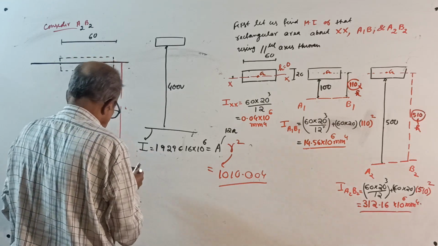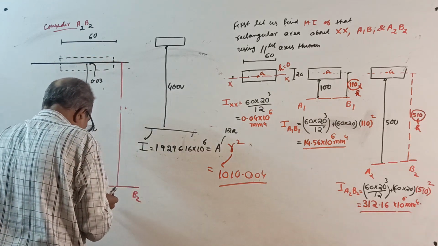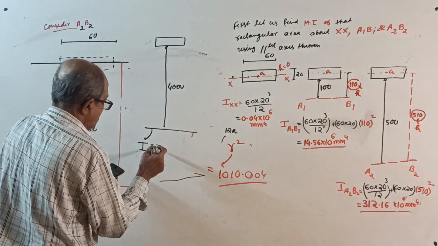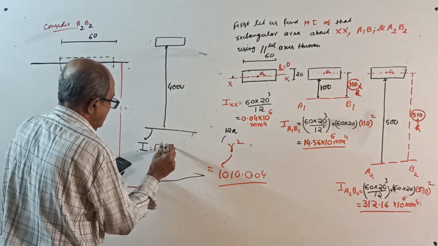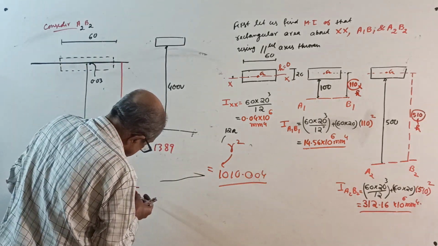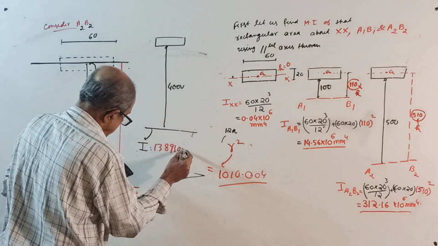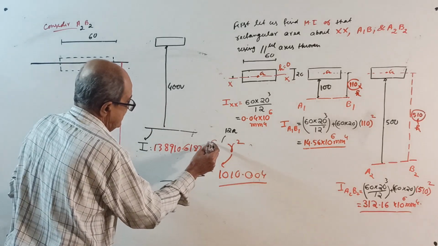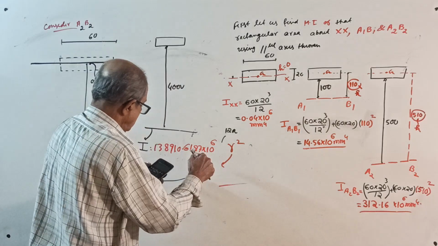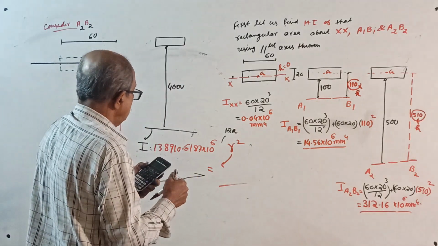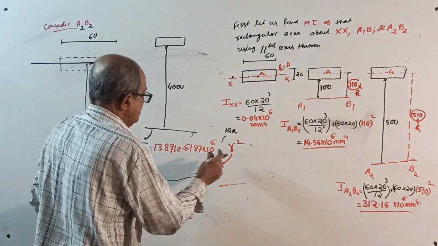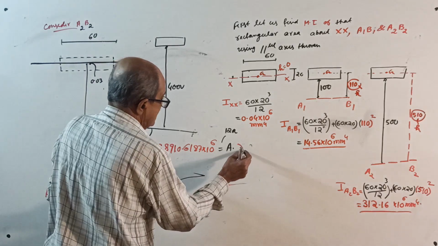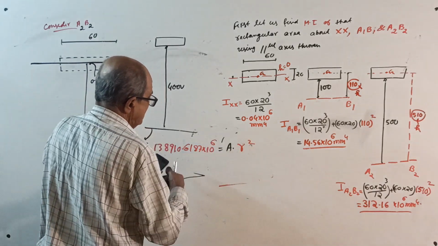The display is a problem here; it's not visible clearly. It shows 138910.6187 times 10 to the power 6, then your r will come. This I will be equal to A into r square, where area is 1200.